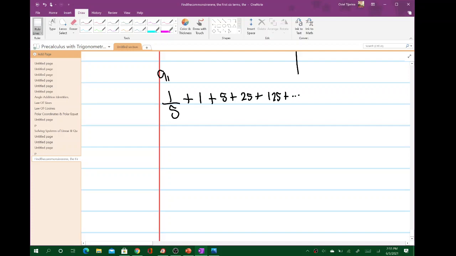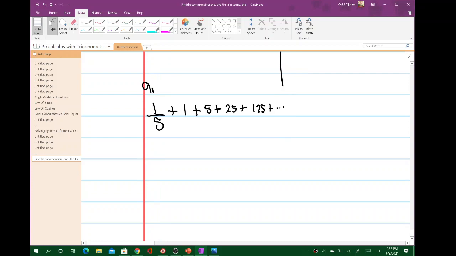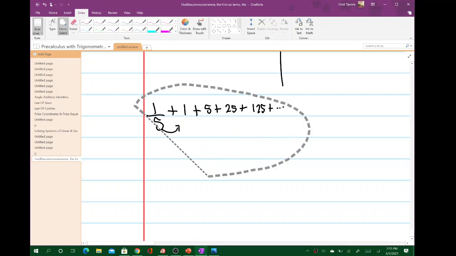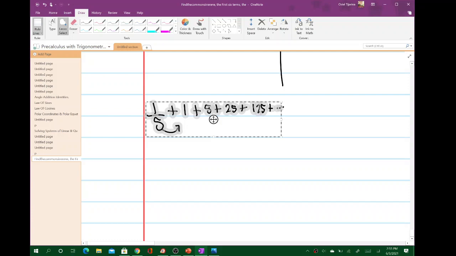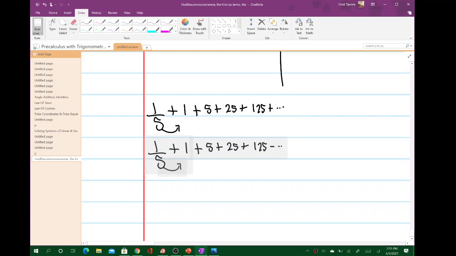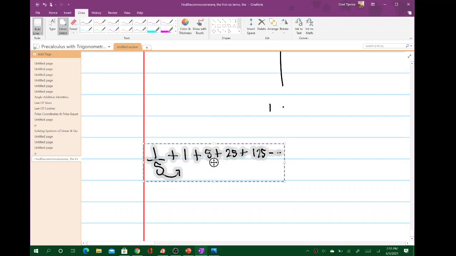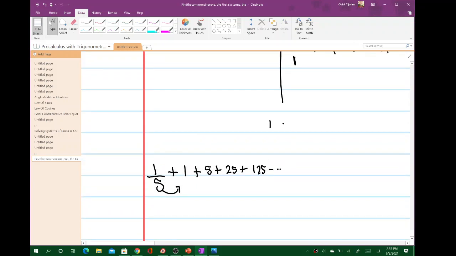And every time, and I want to find... let me actually grab this really quick and move it down a little bit.